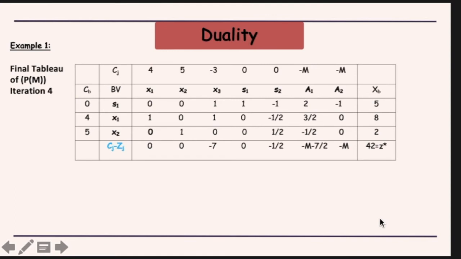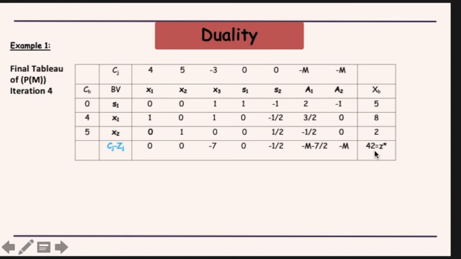So this is the final tableau of the primal problem using the big M technique, and this is achieved at iteration number 4. In this iteration, you can see the Cj minus Zj values are either negative or zeros, and that shows that we have reached optimality. That is the optimality criterion for a maximization problem.